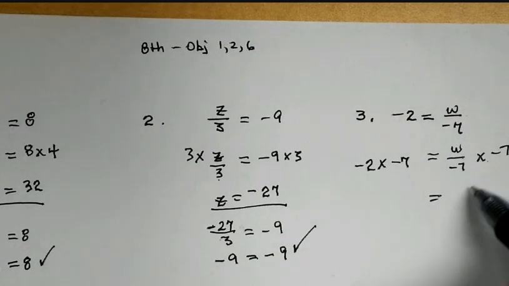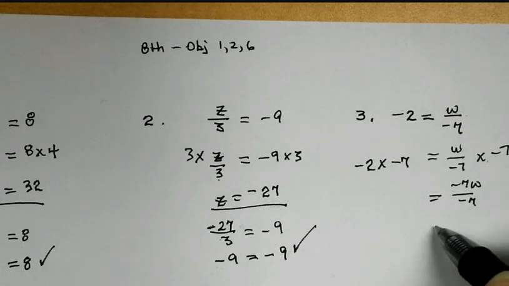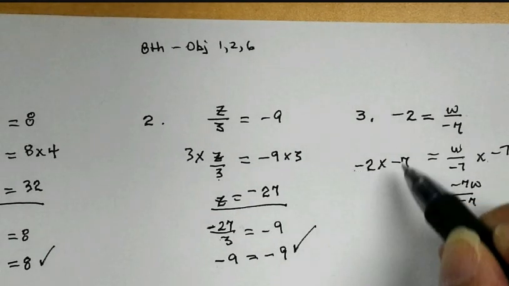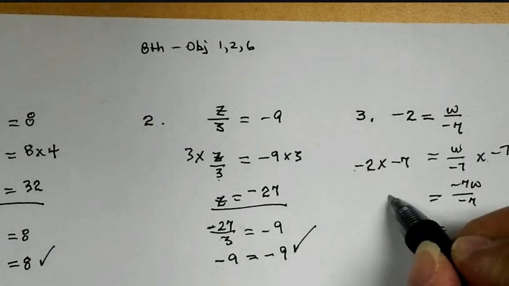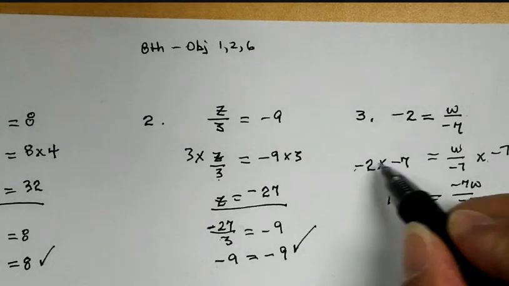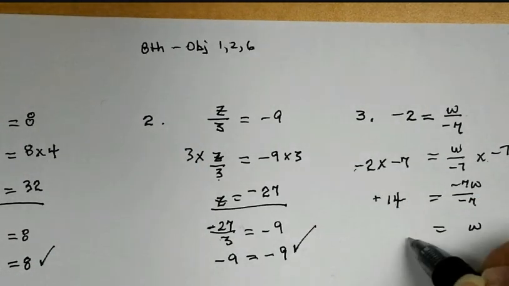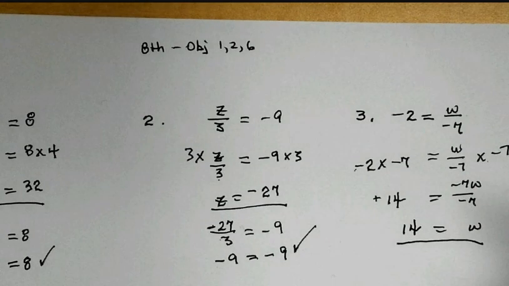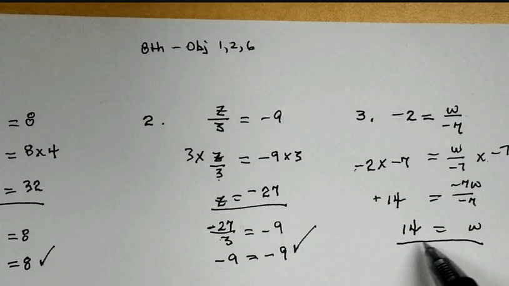So here we have negative 7w divided by negative 7 is equal to w. And what is a negative 2 times a negative 7? That's 14. And a negative times a negative is positive. So my answer is w is 14. I can leave the sign off, and it's intended to be positive.